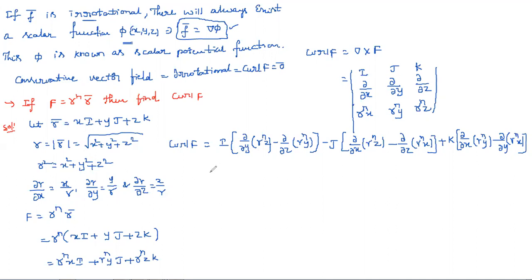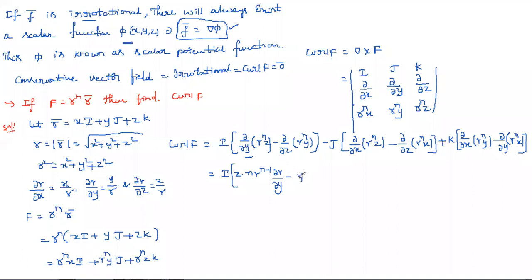So this is equal to i into, with respect to y, z is a constant we can write outside, and the derivative of r^n is nothing but n r^(n-1) ∂r/∂y, minus ∂/∂z of r^n y.